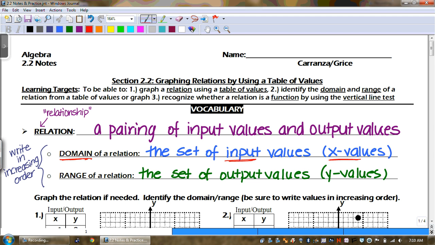It's what you plug into a function. The range is the set of all the output, and those are your y values. So you plug something in, that's your x. You get something out, that's your y. Anytime they ask you to write these things down, you always write them in increasing order from the least to the greatest.